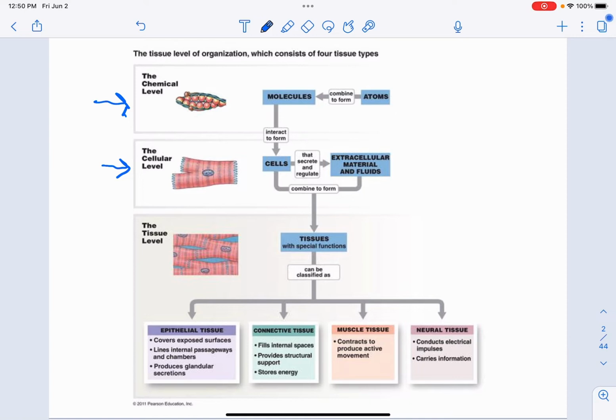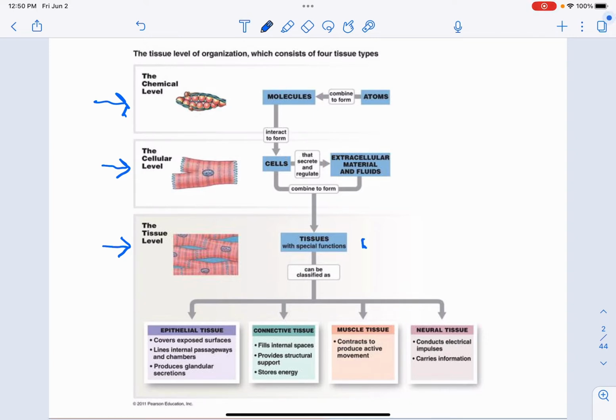And then these cells come together to form tissues. That is the hierarchy of life. Tissues will be used to make organs. And what we're going to focus on today in these next couple of lectures are the tissues themselves, okay?